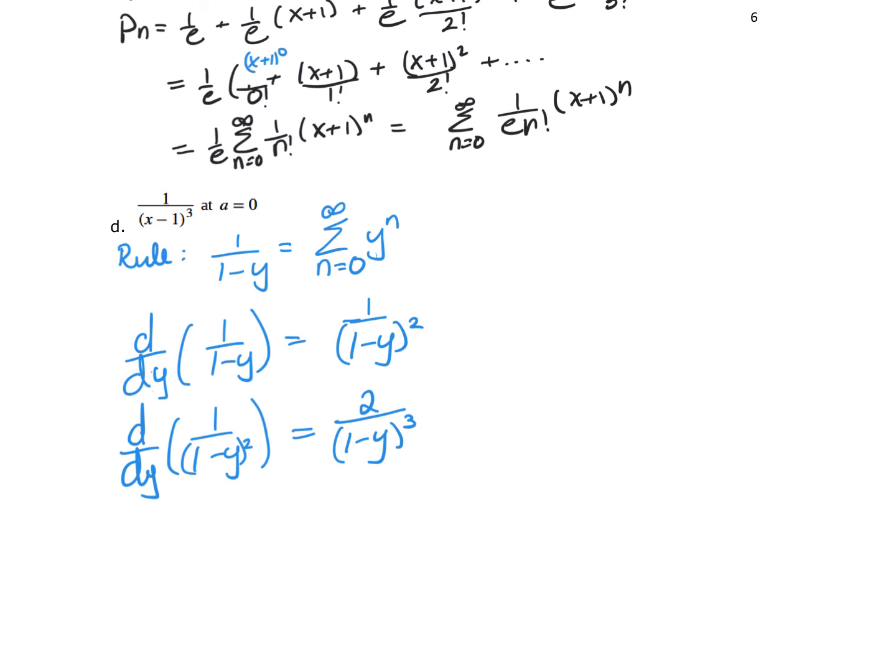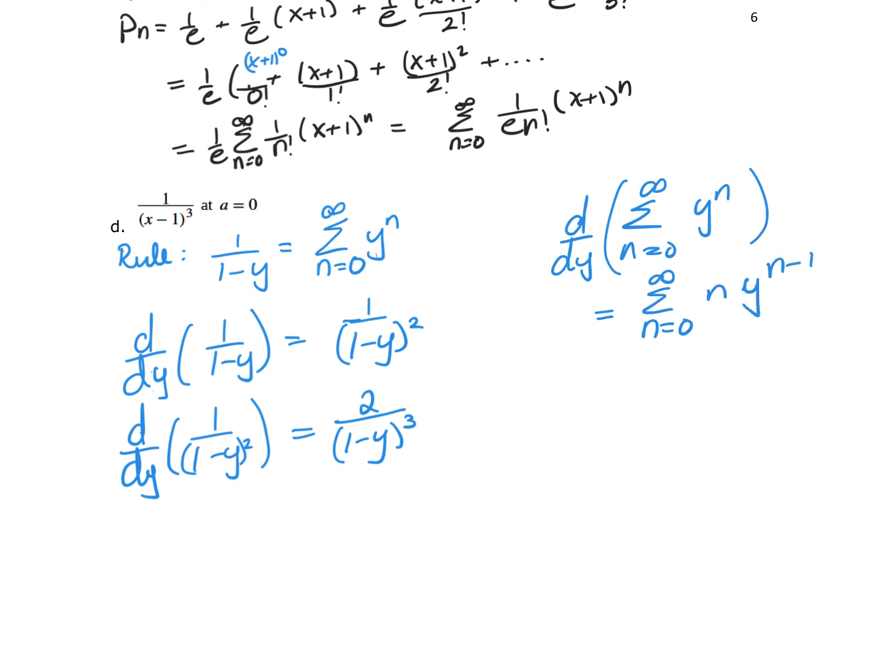Now remember, if I'm doing the derivative of this side, then I'm going to do the derivative of this side. So I'm going to do d/dy of the summation of n equals 0 to infinity of y to the n. We know from Tuesday, when we did this, that we would expand this out. And what we find is that this is equal to the summation of n equals 0 to infinity of n y to the n minus 1.